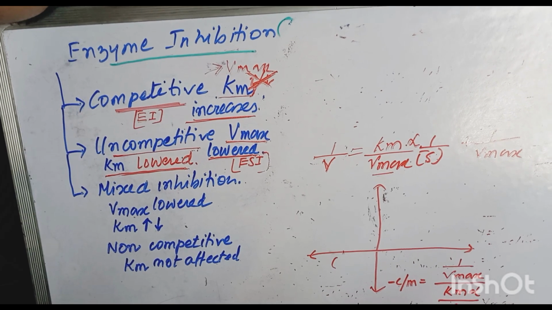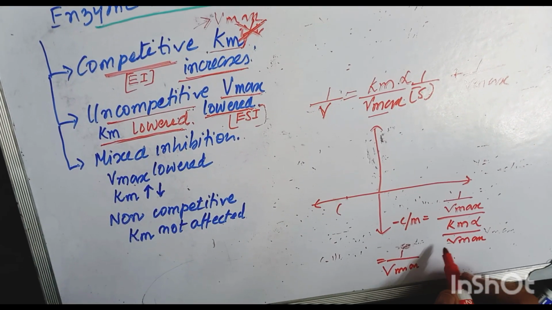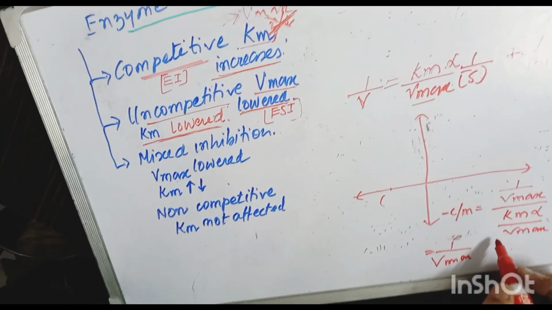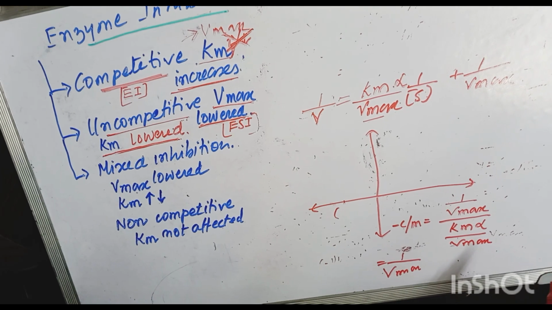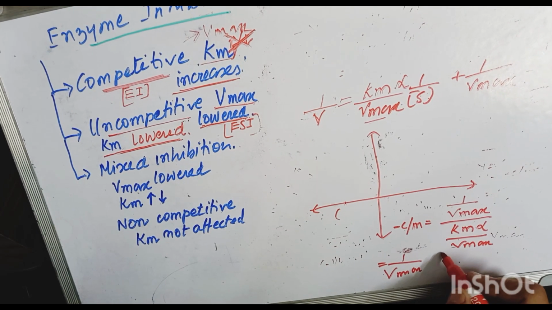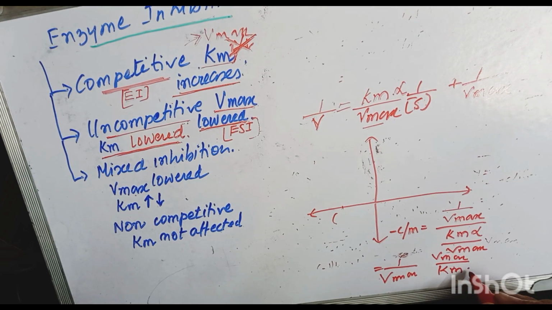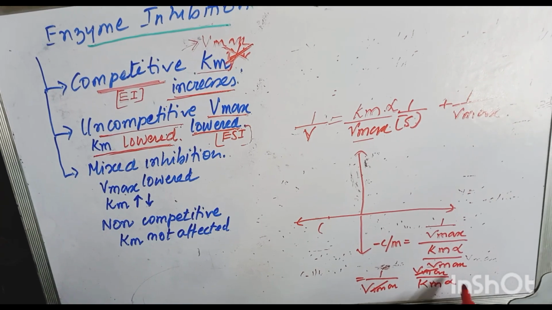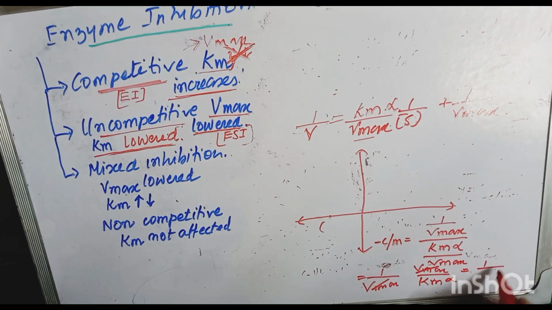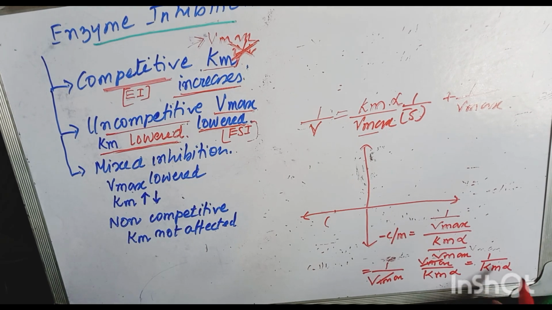So minus C by M is 1 by Vmax divided by Km alpha by Vmax. The Vmax cancels out, so minus C by M is minus 1 by Km alpha.